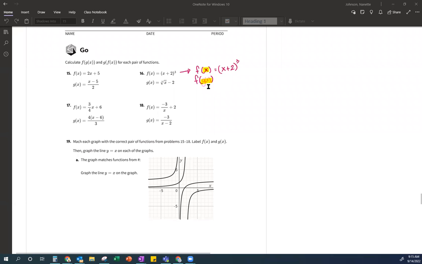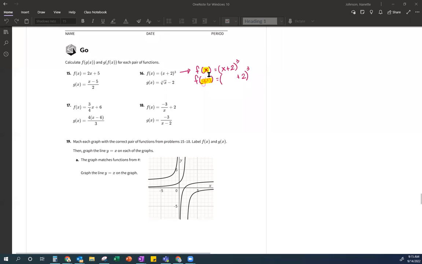Does that make sense? So I'm going to copy exactly what it says to do. So here is a parentheses for my f, plus 2, parentheses cubed. Notice here, everything is the same. Parentheses, parentheses, plus, plus, 2, 2, parentheses, cubed. But Ms. Johnson, you left a space there.